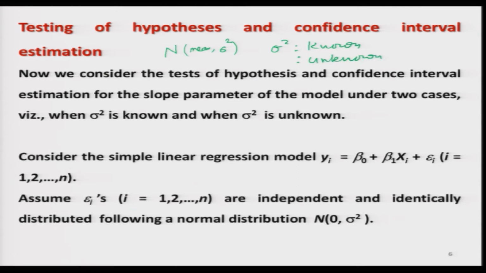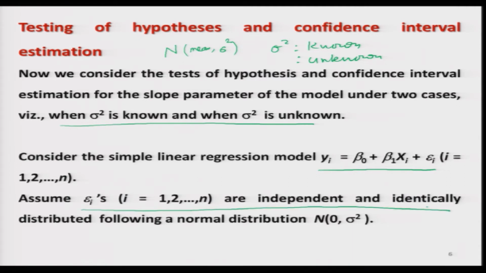We will construct the test of hypothesis and confidence interval estimation under these two cases. Our model is going to be the same, y i is equal to beta 0 plus beta 1 x i plus epsilon i, and we have a number of pairs of observations, and we assume that these epsilon i's are independent and identically distributed, following a normal distribution with mean 0 and variance sigma square.